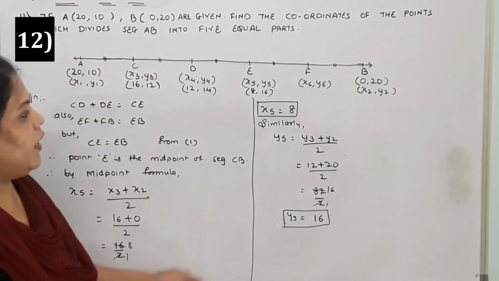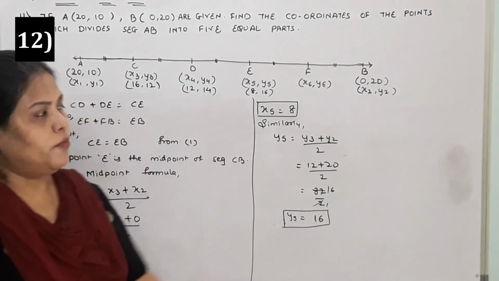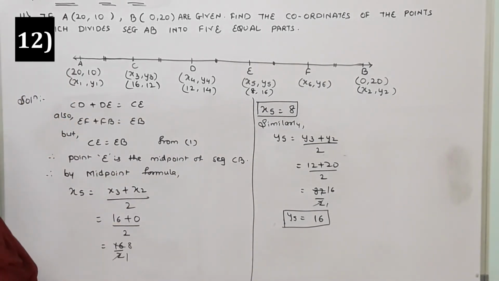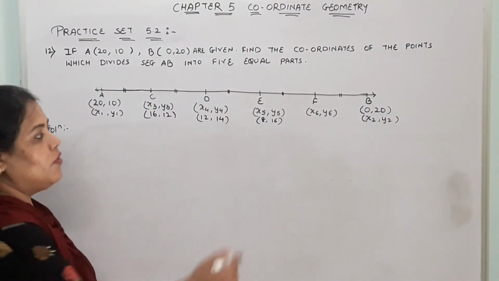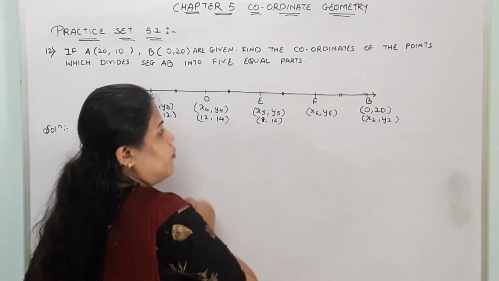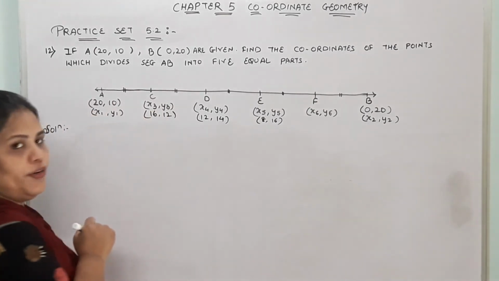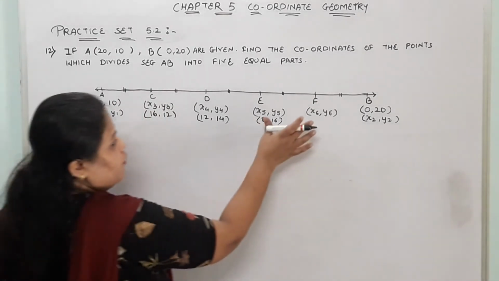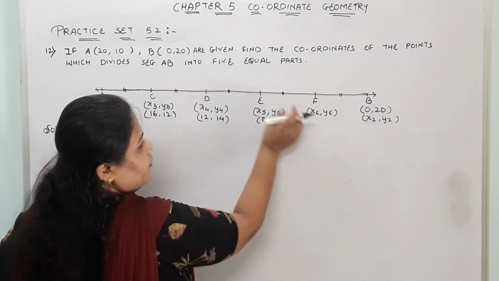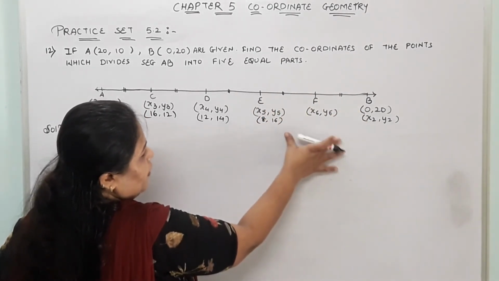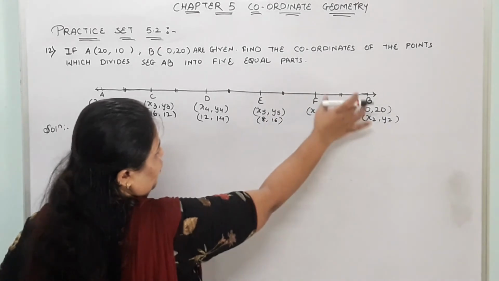Right? Now only the coordinates of F are remaining. Please write down and then we'll see the last part of the answer. We'll calculate the coordinates of point F by midpoint formula again, because if you see EB, then F is the midpoint which divides EB into equal parts, EF and FB.